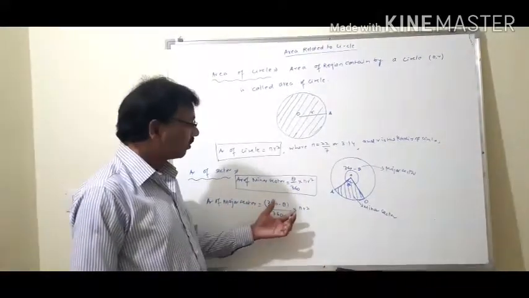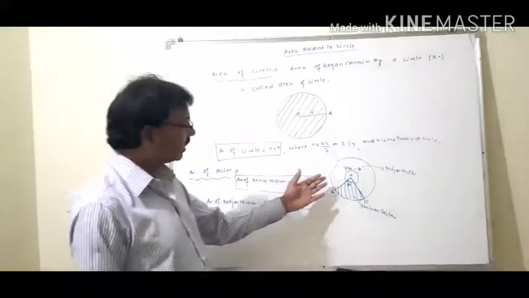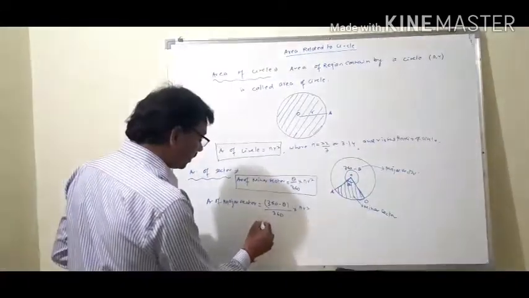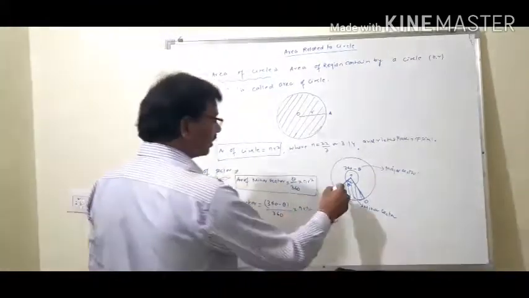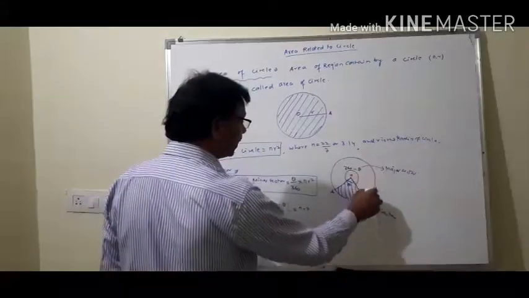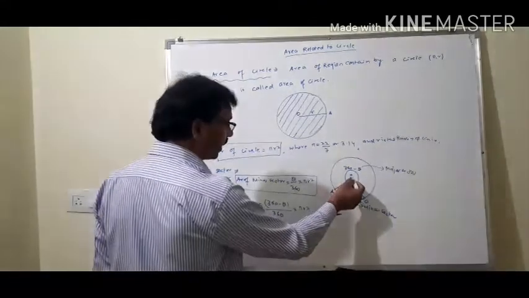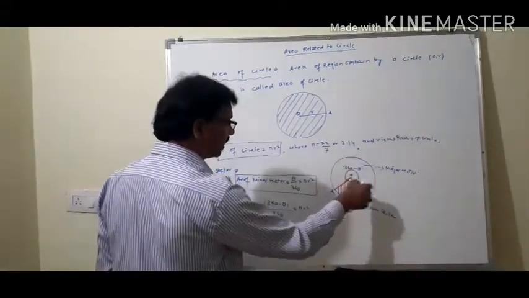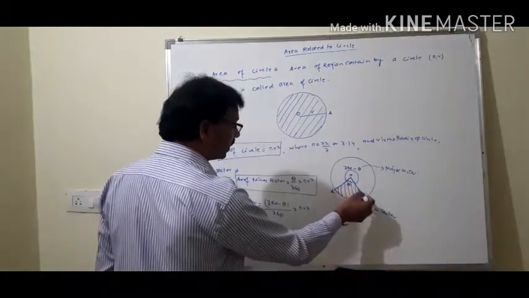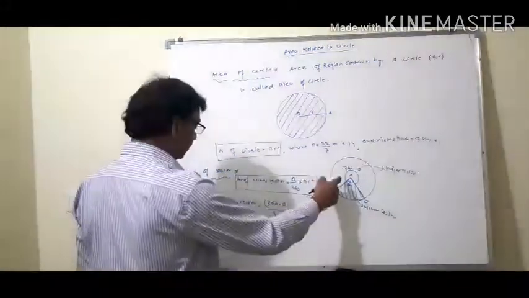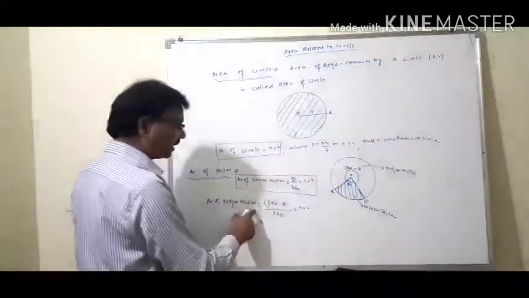But we can find the area of the major sector by another formula. Suppose pi r square is the whole area of the circle, and if we subtract the area of the minor sector from the area of the circle, then the remaining area is known as the area of the major sector.